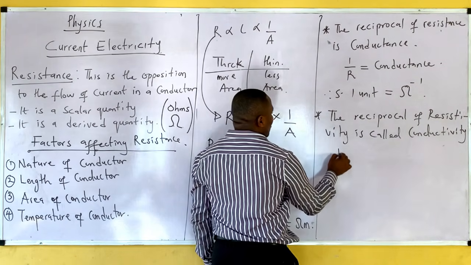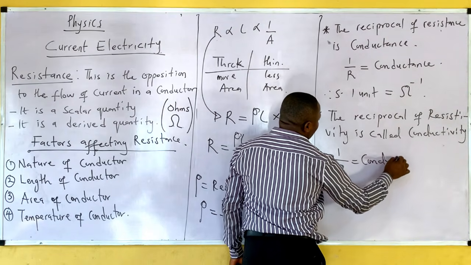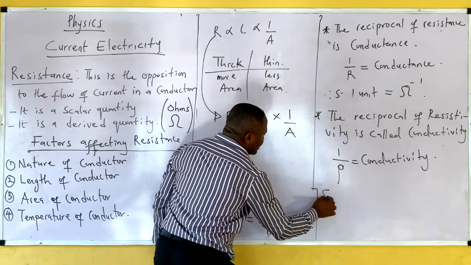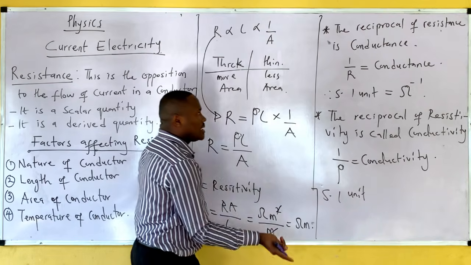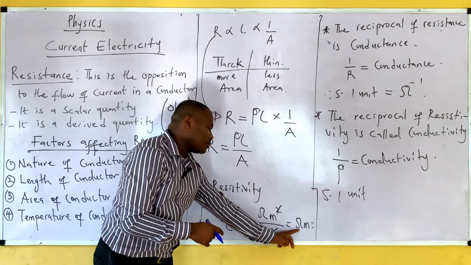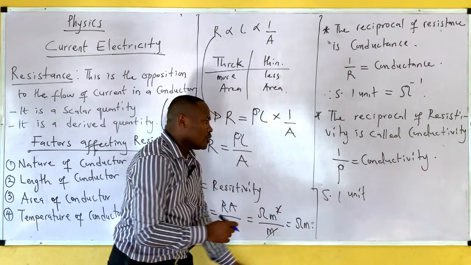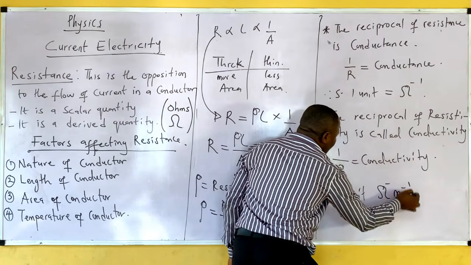So that means 1 over resistivity equals conductivity. So the SI unit for conductivity will be the inverse of the SI unit for resistivity. Resistivity is ohm meter, so it will be per ohm per meter.